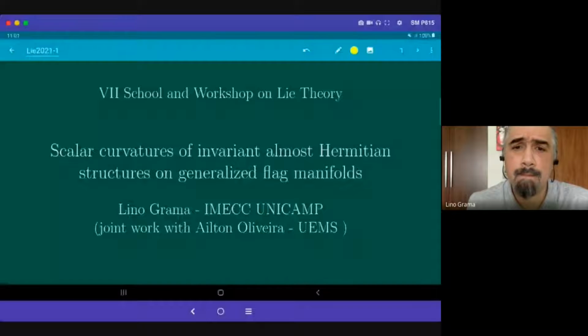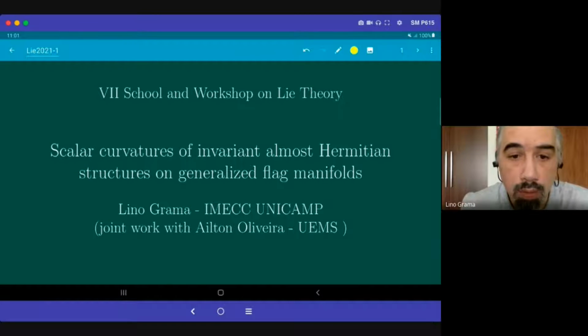Let's start to share my screen. Okay. This is a joint work with my friend Ailton Oliveira at the State University of Mato Grosso do Sul.